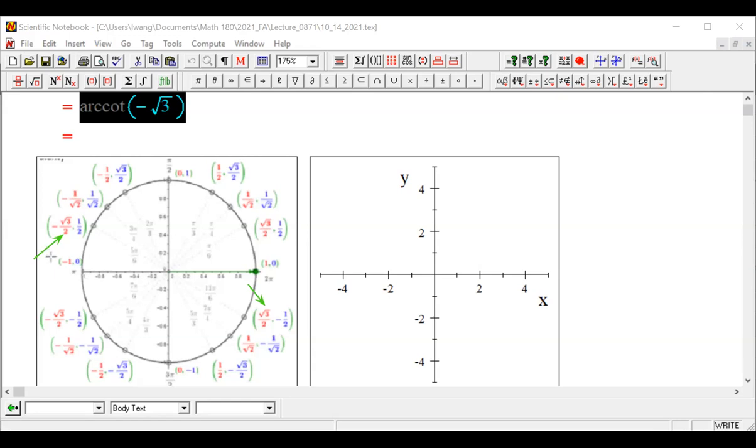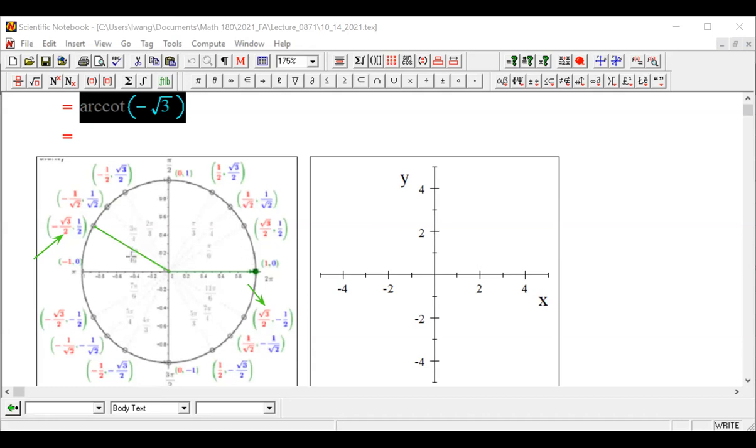But this terminal falls on the no-fly zone, because ArcCotangent does not fly over quadrant 3 and quadrant 4. So what will be the ArcCotangent angle? It is going to terminate here. That's from 0 to pi.